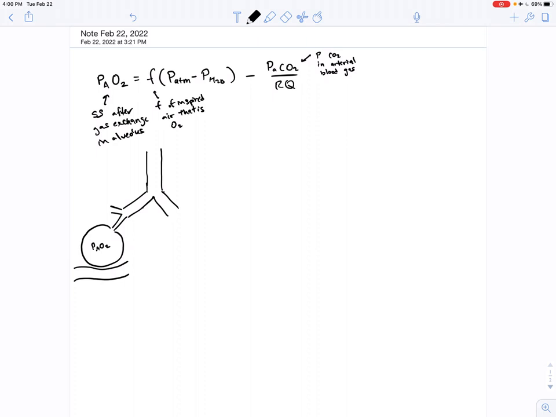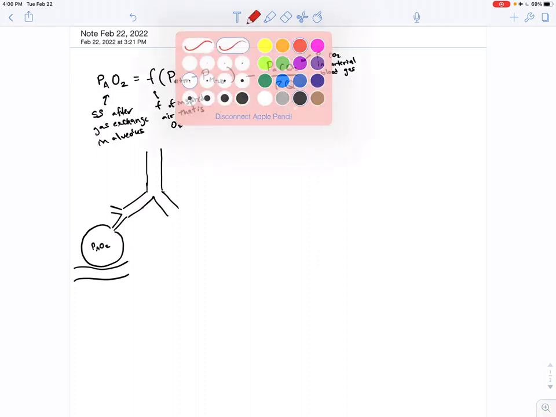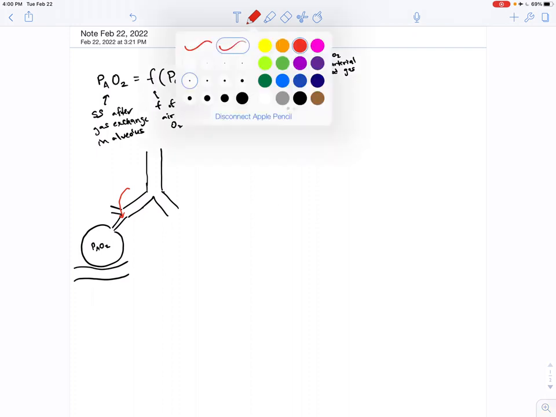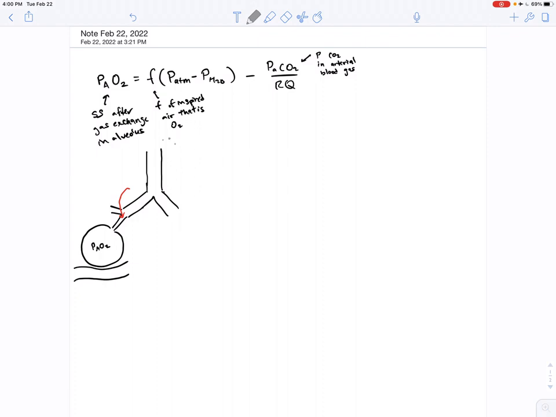Okay. So the first thing that we want to do is calculate, remember, PAO2 is the pressure in the alveolus. We want to calculate the partial pressure of oxygen right outside the alveolus. Remembering the anatomy, we have inspired air, which is nice room air out here. It comes into our airways, and then it travels into the alveolus where gas exchange occurs, right?